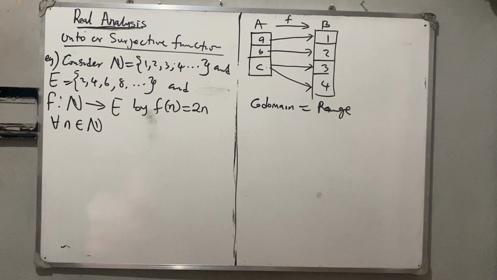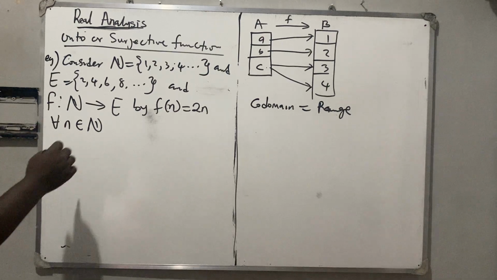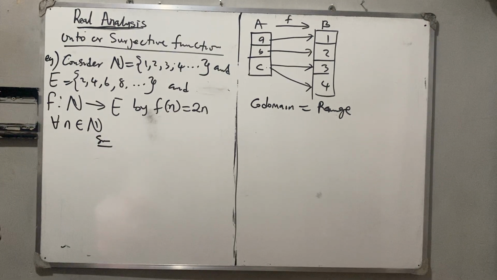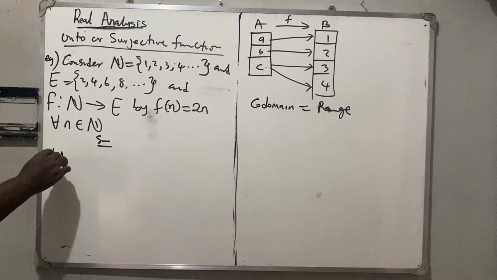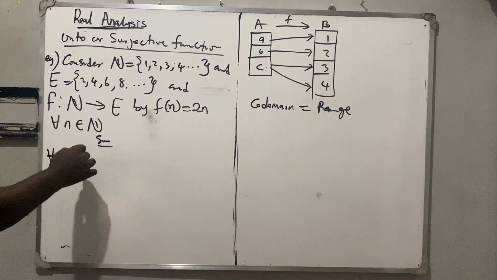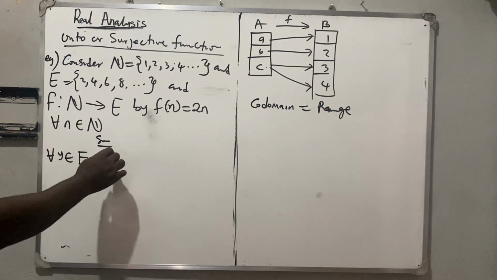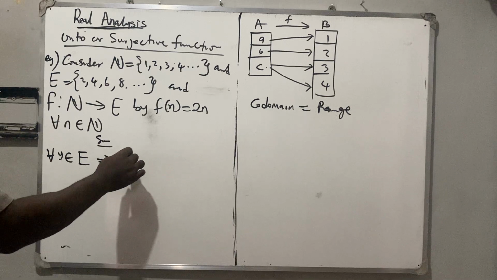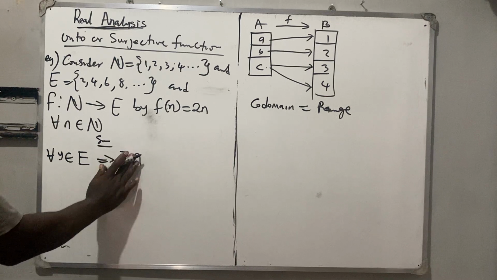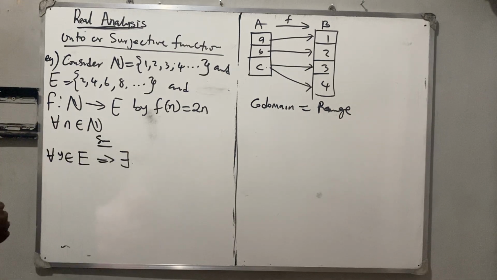Solution. We have that for all y that belongs to E, for any element we pick in E, this implies that there exists, let's say n, okay, we have used n here.